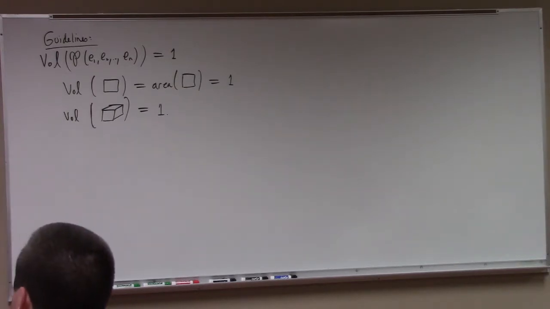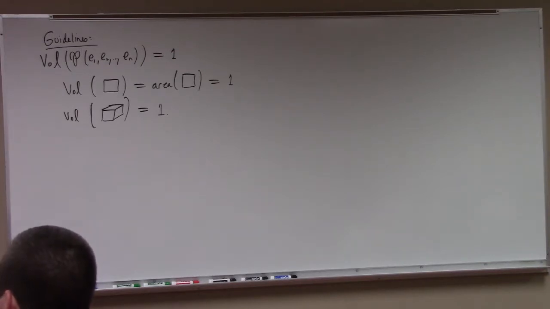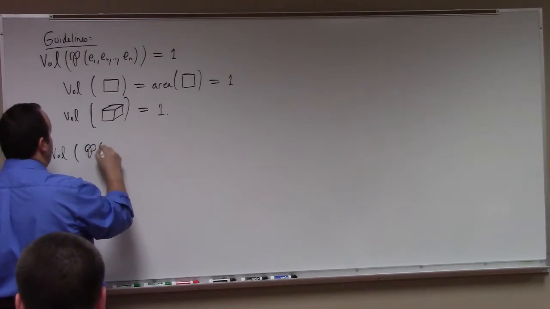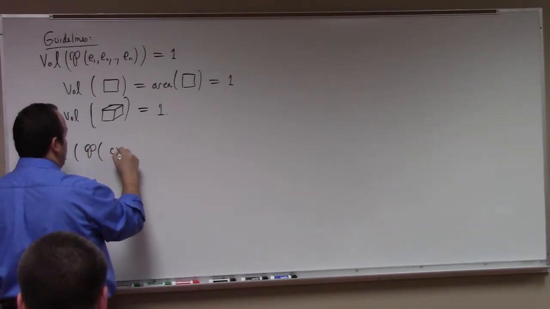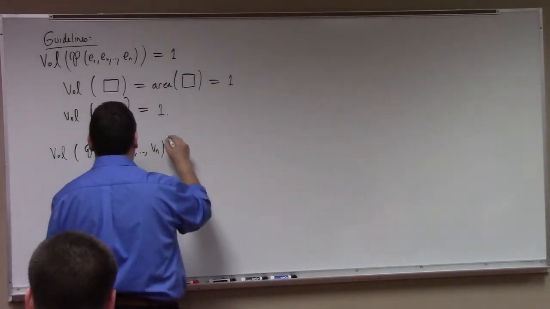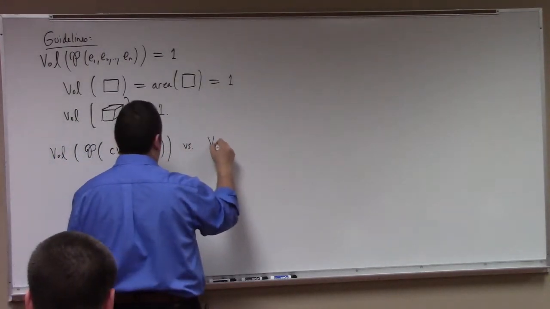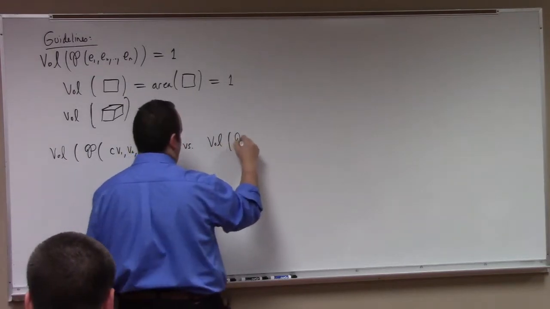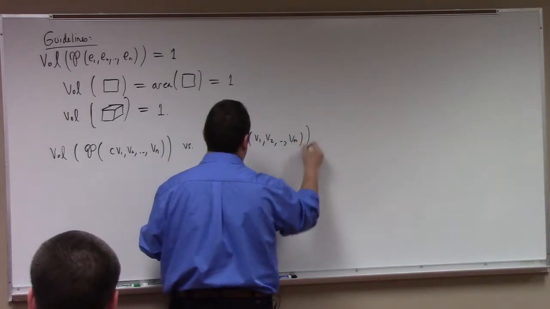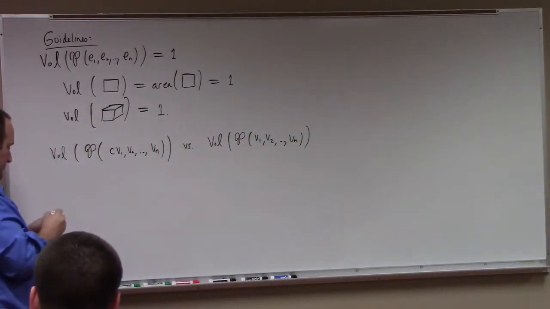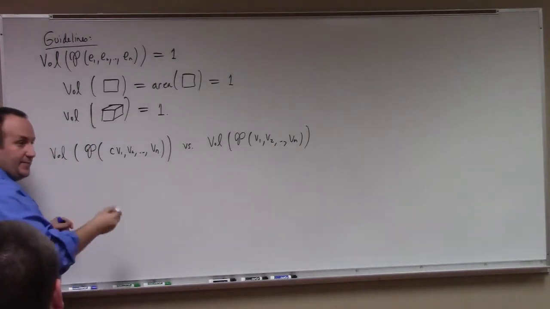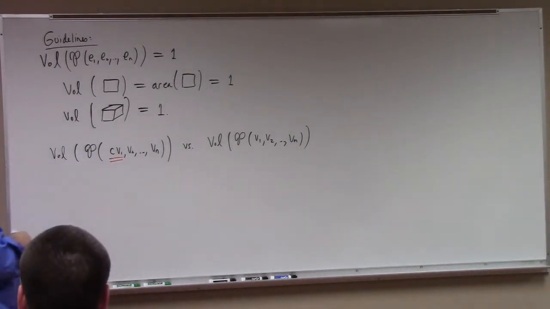How about this? If we were looking at the volume of the parallelepiped which had, say, C V1, V2, Vn, and we were to compare that with just V1, V2, Vn, what should the relation be, everything else being the same, if I just take one edge of the parallelepiped and scale it by C?